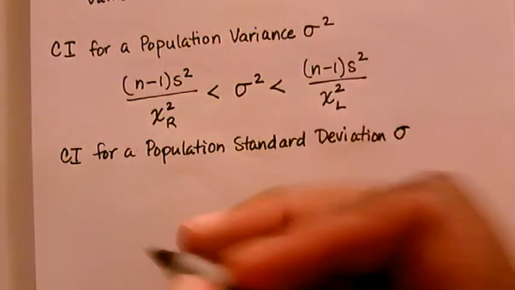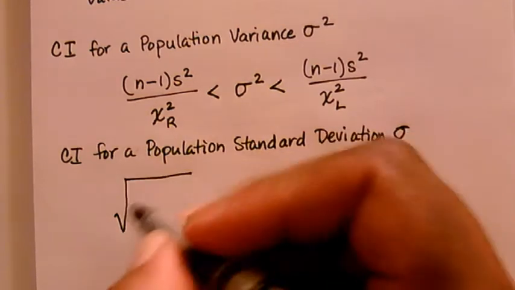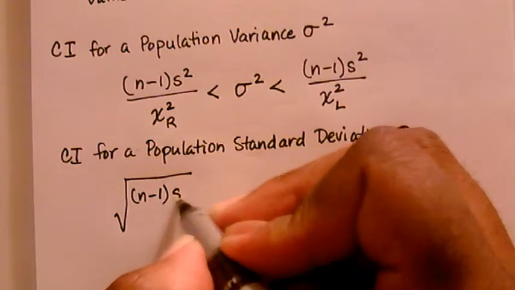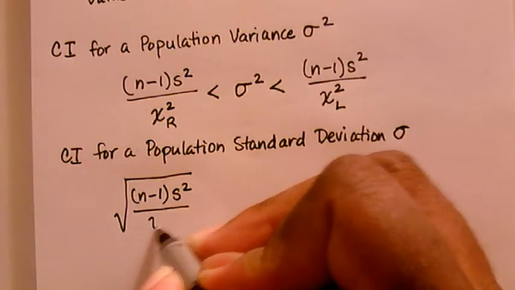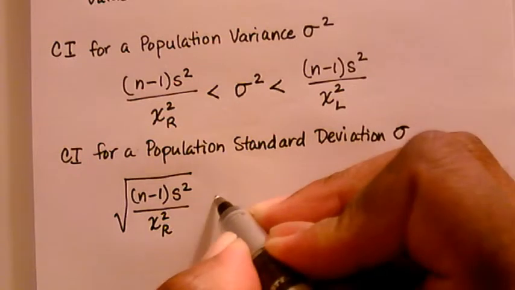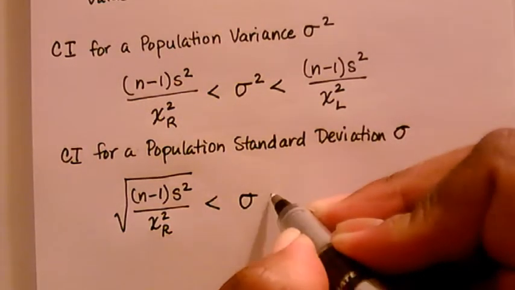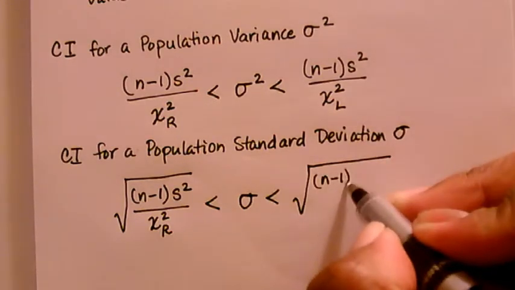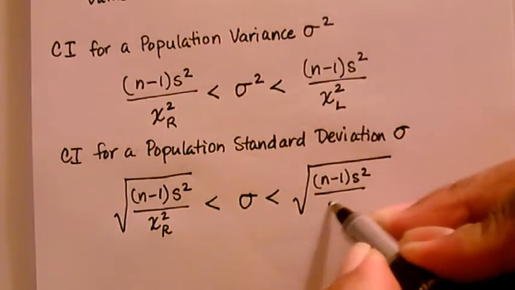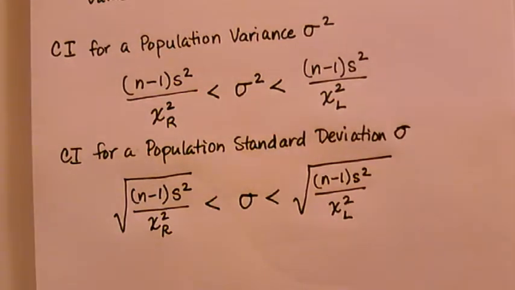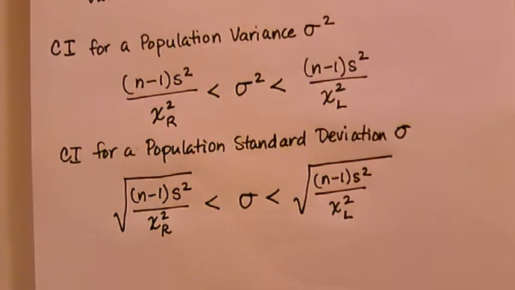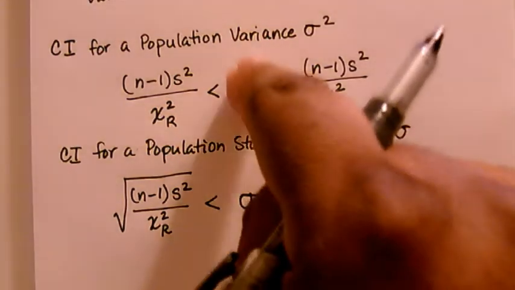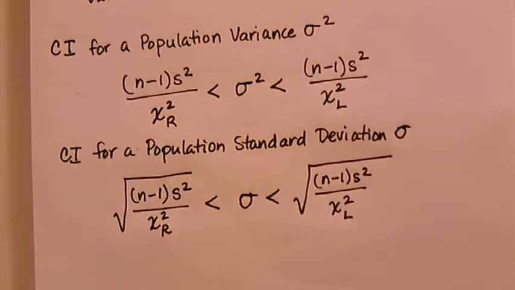So we just take the square root here. So the left side will be the square root of n minus 1 times s squared, all divided by the chi-square value on the right, and that's less than just sigma and less than the square root of n minus 1 times s squared divided by the chi-square value on the left. Okay. This one we'll use. This is for population standard deviation. The one on top represents the population variance.